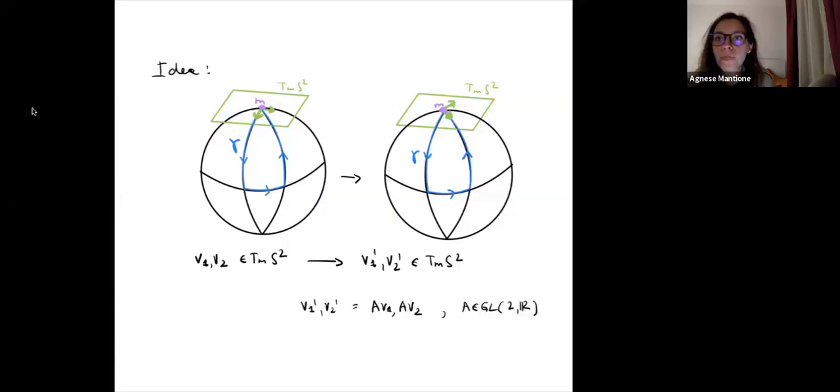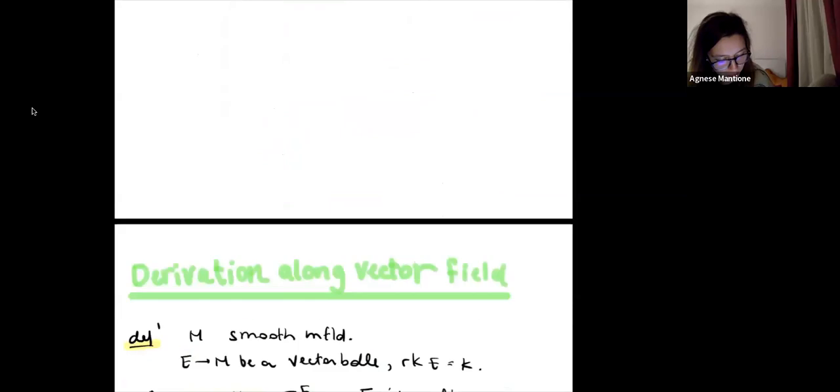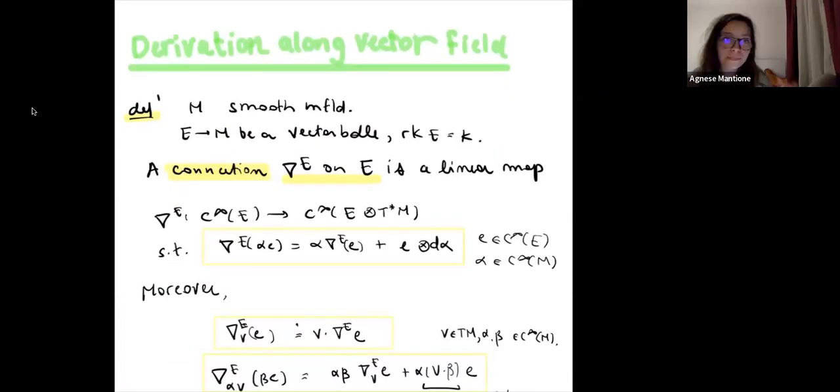But in general, there's a generalization of this concept, and to make it more precise, we need the notion of a derivation for general vector bundles over a manifold, so not necessarily the tangent bundle. To do that, we need to define what a connection is.